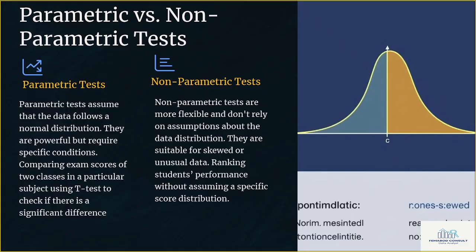That's a good example of it. You are ranking students without taking note of their exam condition, or you are not looking at their specific score distribution. That's a non-parametric test.